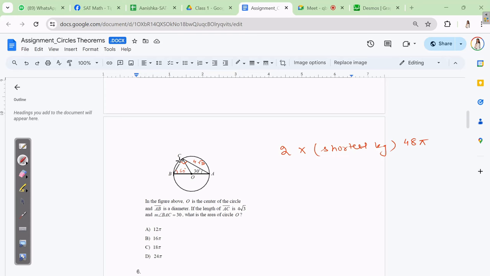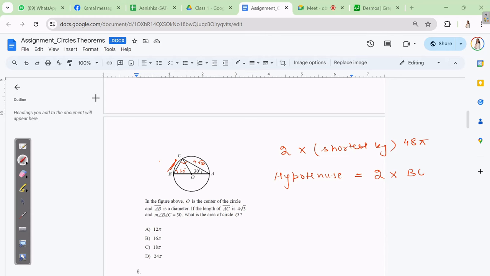The shorter one would be BC. So first you need to find this BC, and then the hypotenuse would be 2 times BC. I think you did 2 times AC.